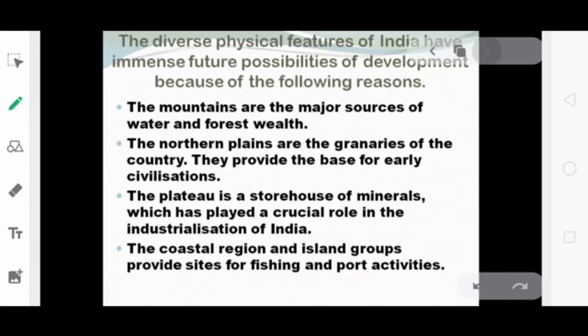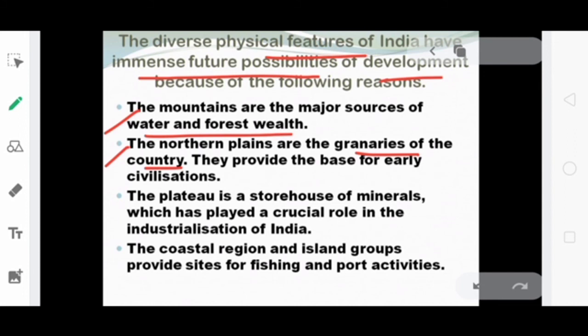So these are the physical divisions of India. Now, the diverse physical features of India have immense future possibilities of development. So let's see what are the reasons for it. First, the mountains are the major source of water and forest wealth. Northern plains are the granaries of the country.